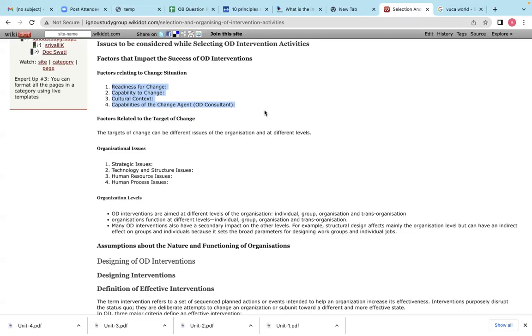Remember, in the last unit as well we talked about the same thing, but unfortunately in unit 1 it is not organized well to explain this, but ultimately it is talking about the same factors which affect the success of OD intervention. So these are the factors related to the change situation.